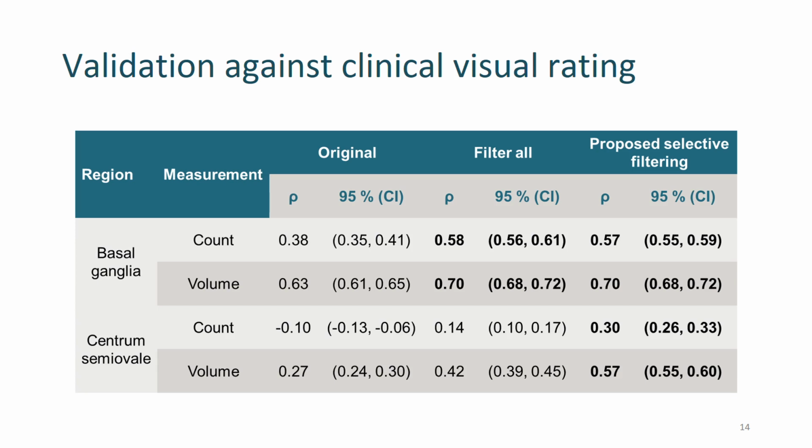We observed that the selective filtering strategy led to higher correlation values compared to the baseline in all cases, as you can see in the table, and comparable or higher values compared to when all images were filtered. So this shows that filtering is necessary, but clean images should not be filtered.